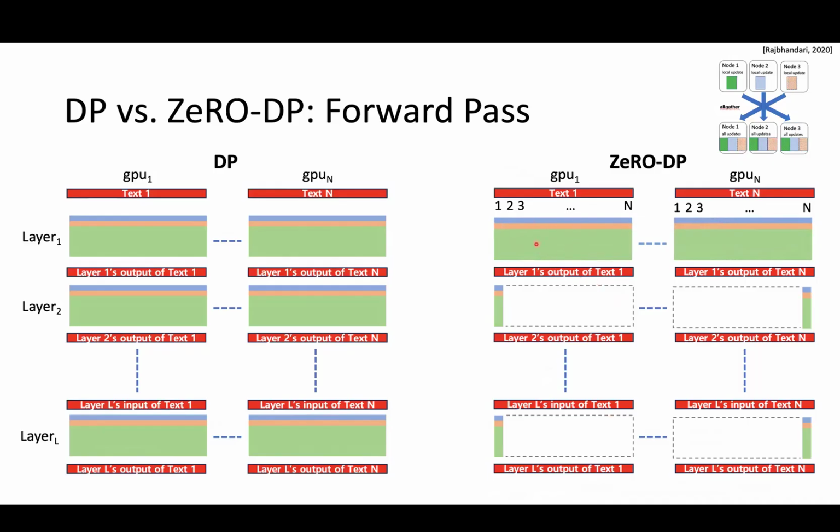After that, we discard the received parameters. So we keep only a small portion of parameters, and we repeat this kind of operation. Simply speaking, before executing one layer, we do all-gather of parameters.